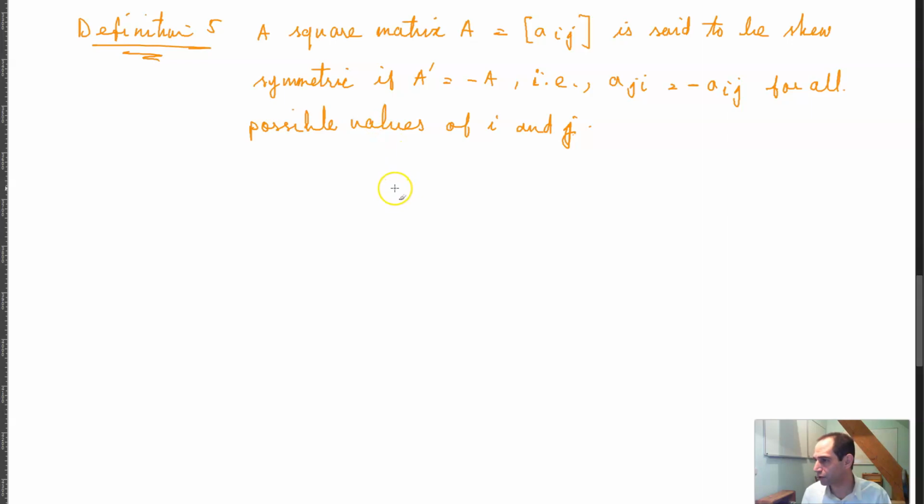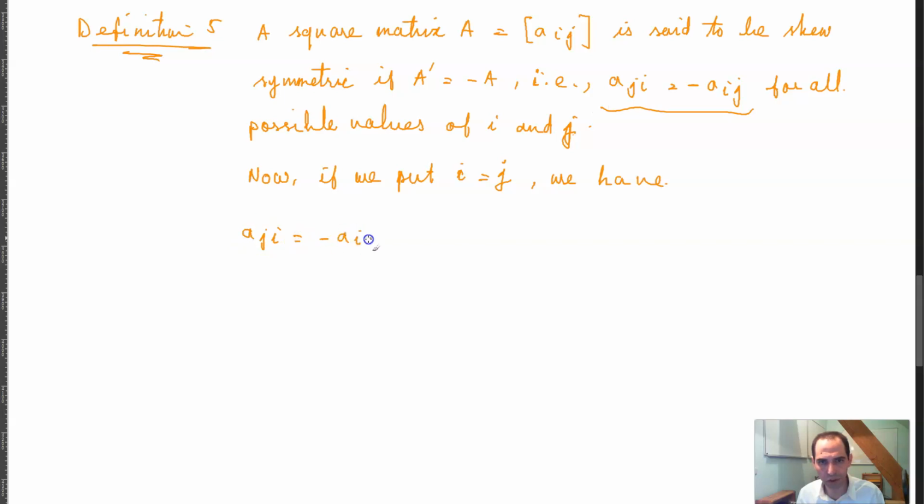Now if we put i equal to j, we have A of ii equal to negative A of ii. Over here we said that A of ji is equal to negative A of ij.